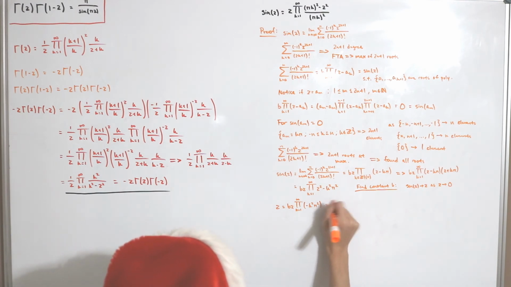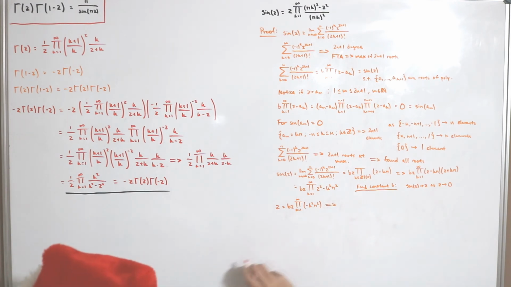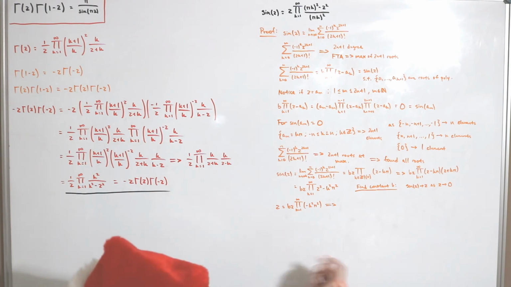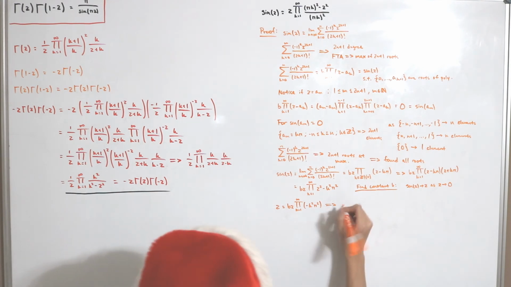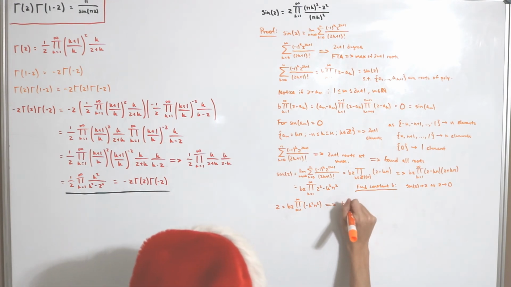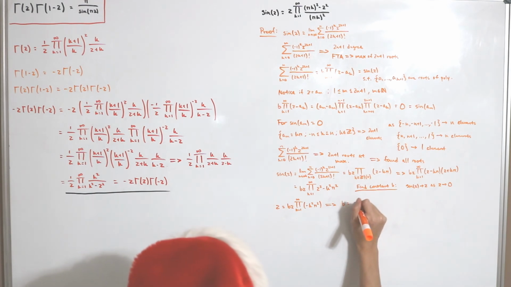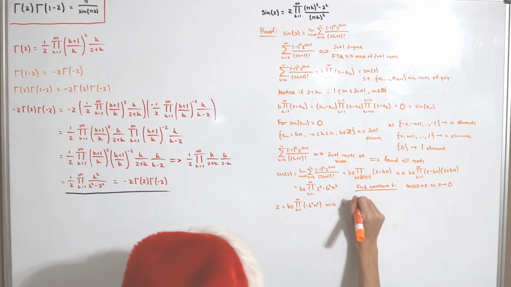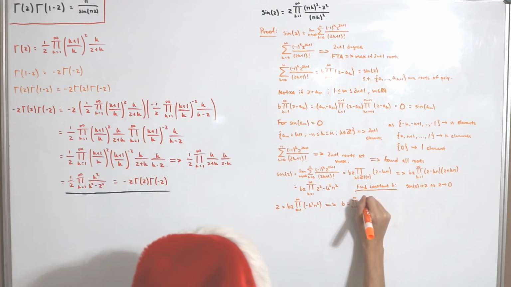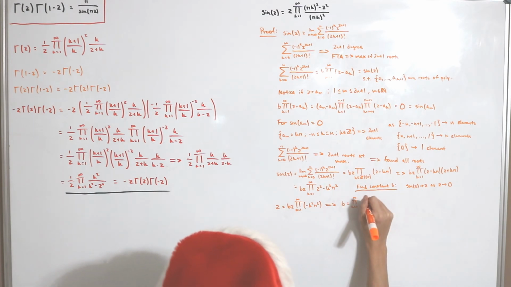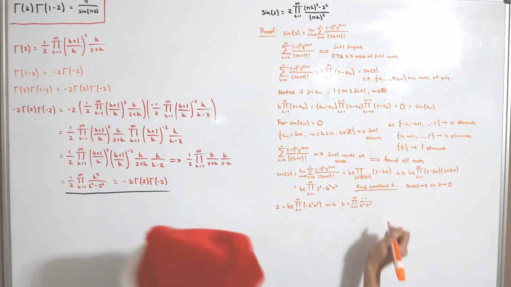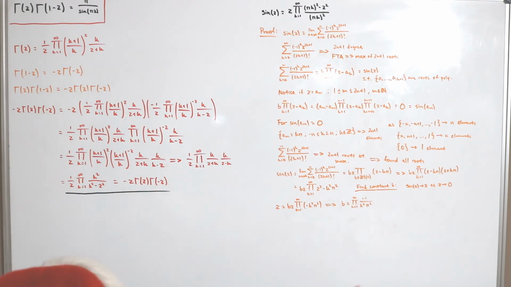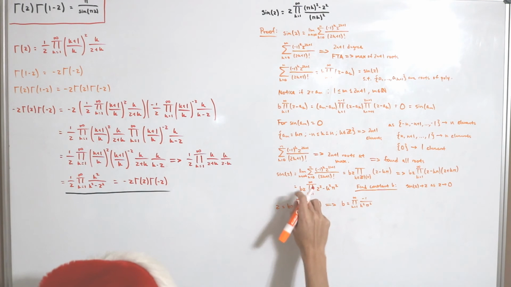We could do some algebra here, but I'm going to skip some steps. We get that our constant b is equal to the infinite product of the reciprocal, so this is -1 over k squared pi squared. Then we substitute back for b.